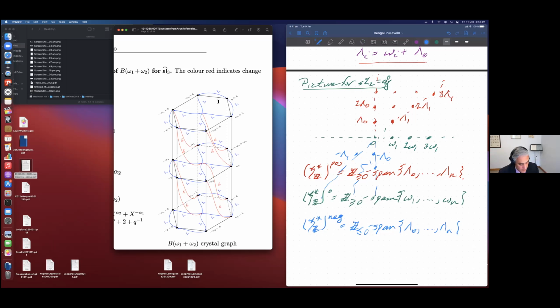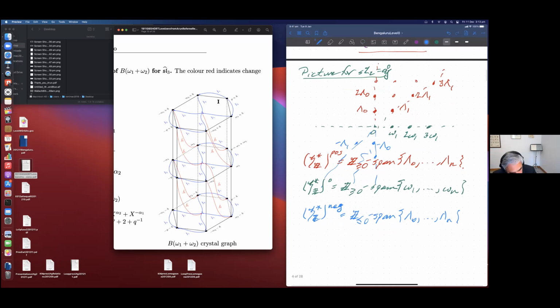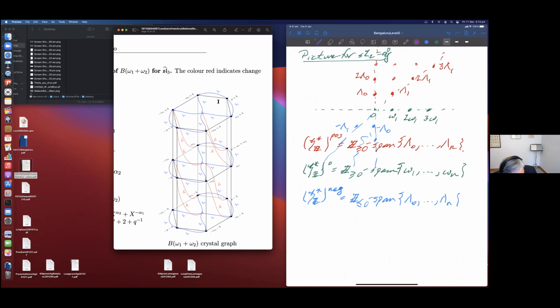And the statement is that the extremal weight modules, I have not defined them yet, but let's make two statements just for fun. If I just take the finite Lie algebra, this is in bijection with the 0 part. And so for each one of these green dots, I have a module which maybe I'll call L circle lambda.